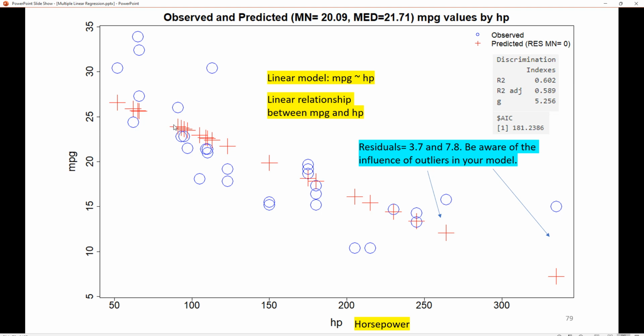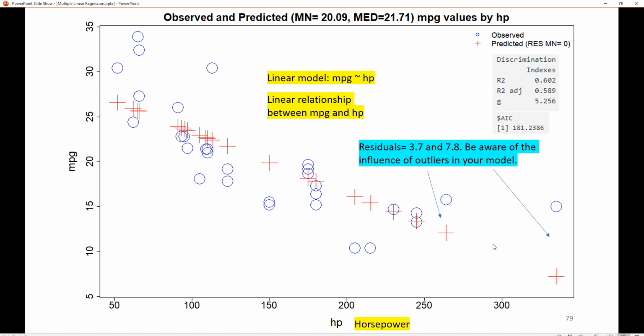So it's the predicted value for each actual value. So from the red plus signs, we can see what that trend looks like. We can see that kind of straight line going downward.